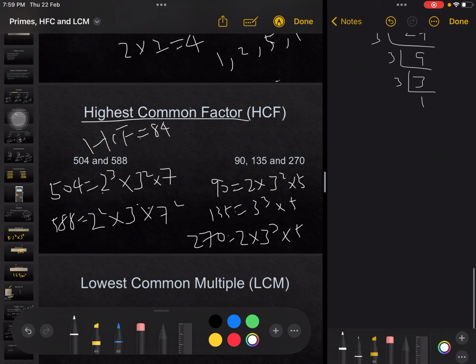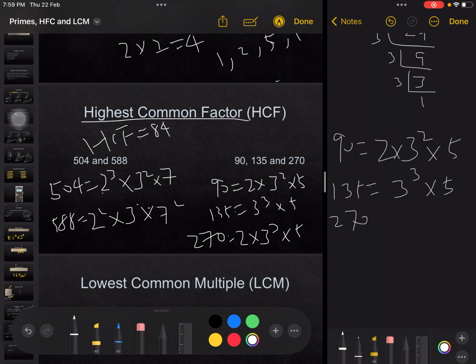Okay, so looking at this, we have 90 equal to 2 times 3 squared times 5, and we have 135 equal to 3 cubed times 5, and we have 270 equal to 2 times 3 cubed times 5.